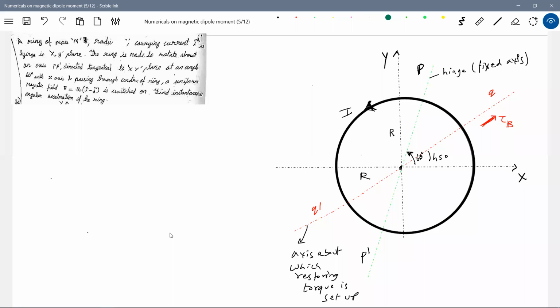If you want, I'll write this content if you're unable to understand that scribbling. It's a very good question. B bar equals B naught I cap, and it is making an angle.